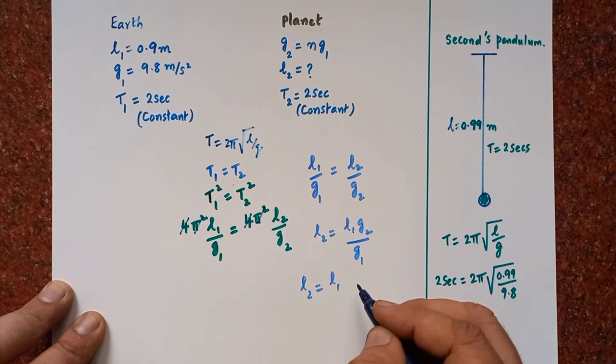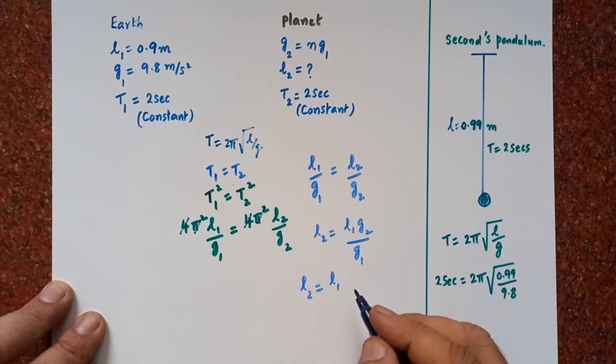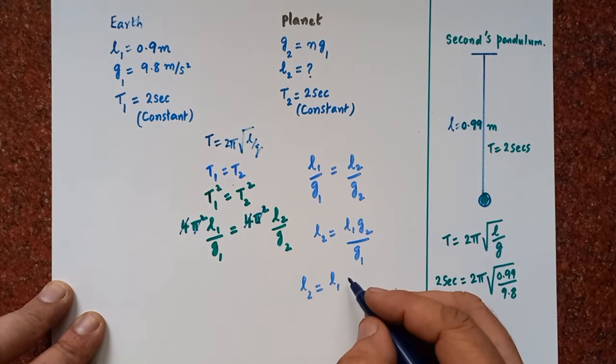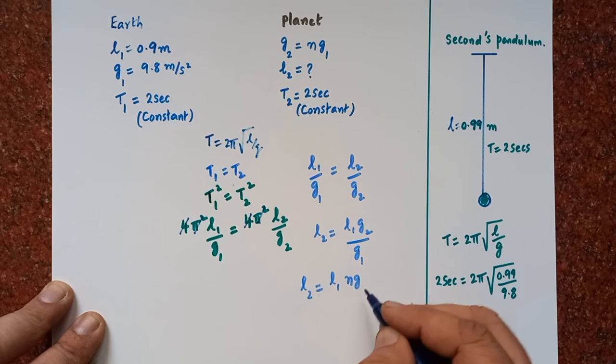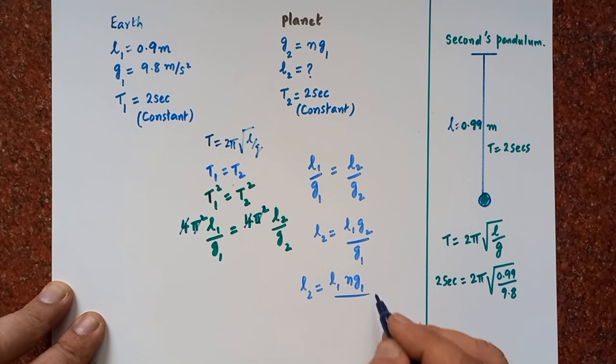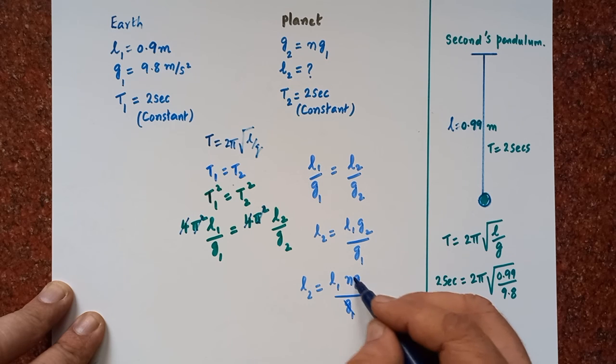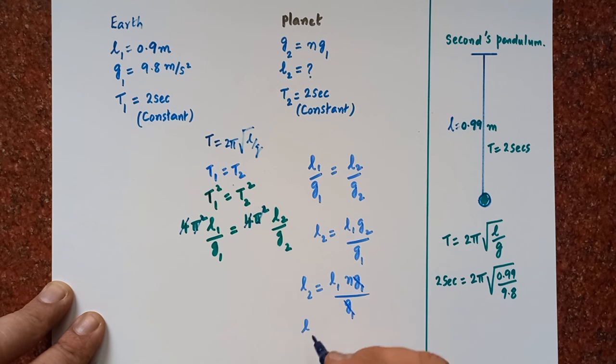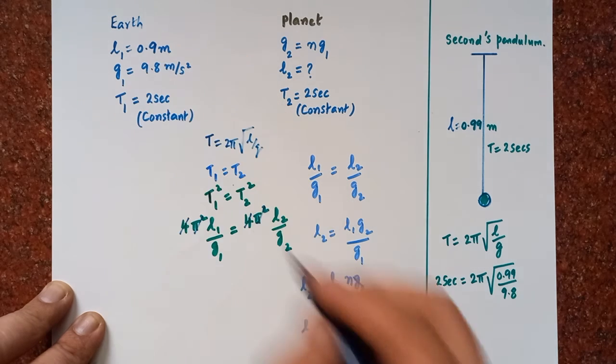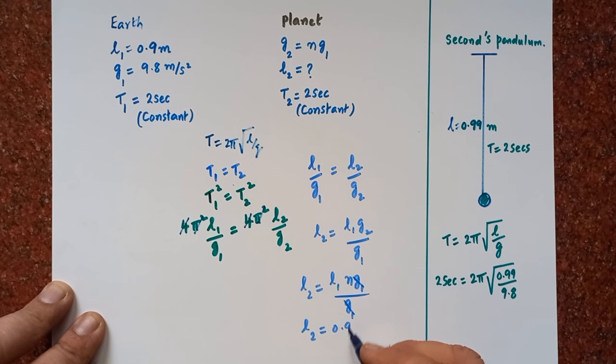Finally that can be substituted. Here g2 value is n times g1, whole divided by g1. g1 can be cancelled. We know the value of L1. What is the value of L1? 0.9 into n, finally that can be written in terms of meter.